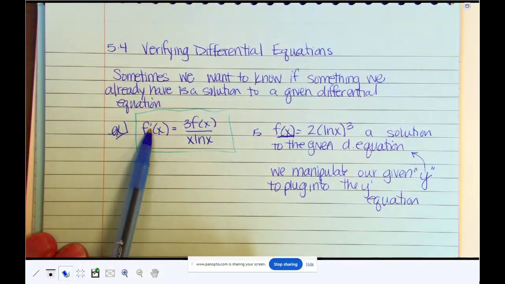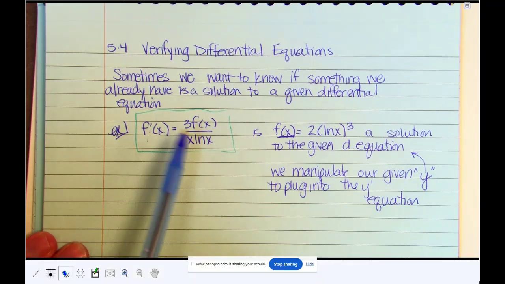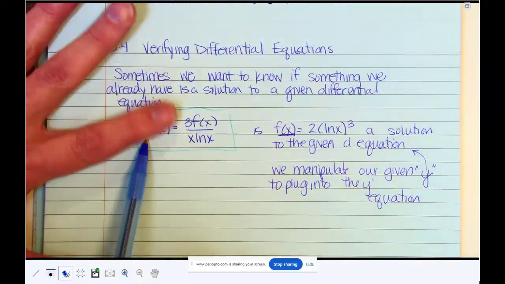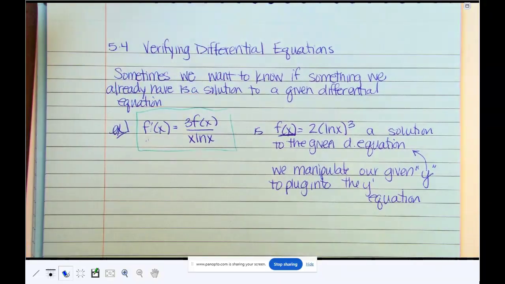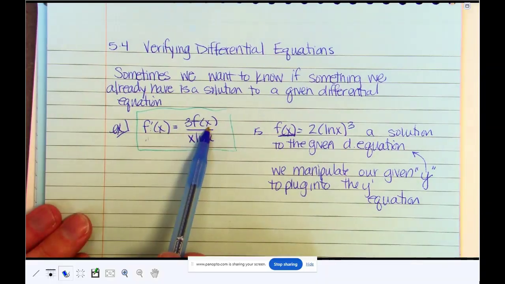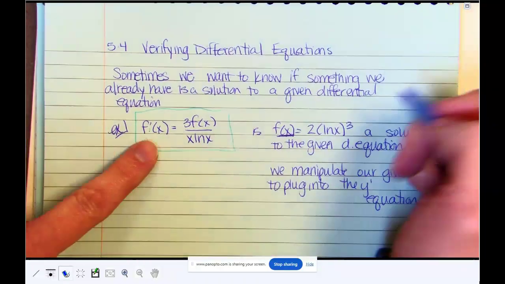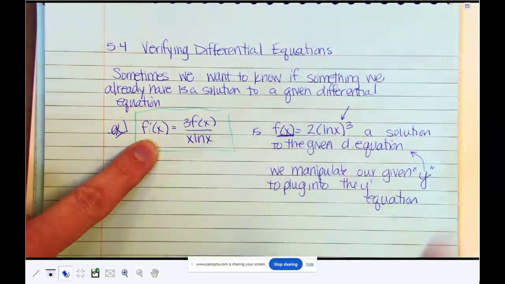Okay, we manipulate our given y to plug into the y prime equation. So this says that I need f prime of x. The confusion when I did this in class was they were like, this says it's f prime of x. We want to see, that's true, but we want to see if this is also equal to that.